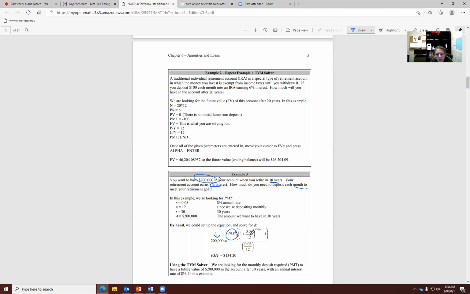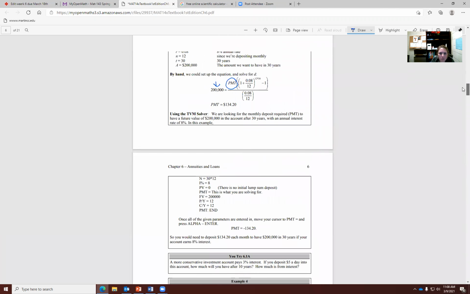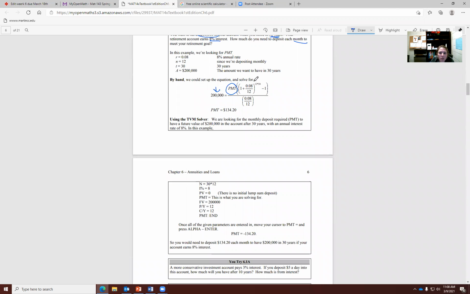Okay, so you set it up like this. They're still showing you how to use the calculator. All right, and what you end up doing is you put this all in the calculator, you get your amount, you divide it by that, and then you're going to have to end up dividing this amount by 200,000 to get this, okay?